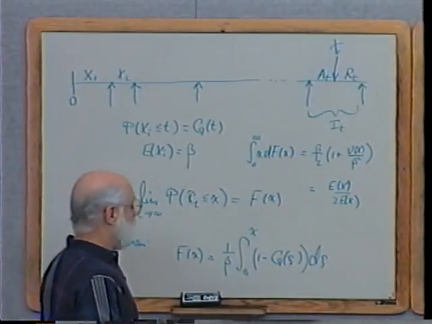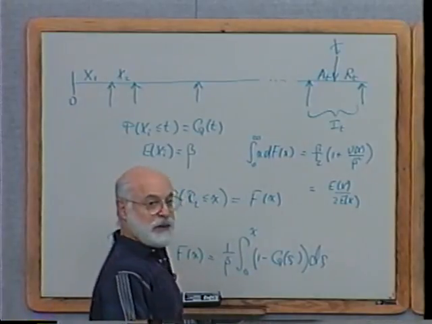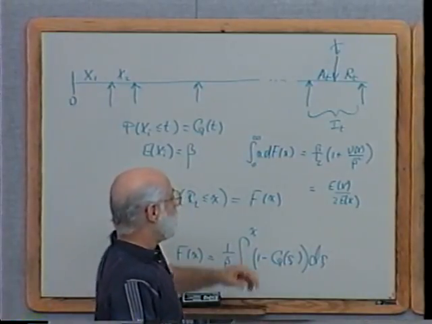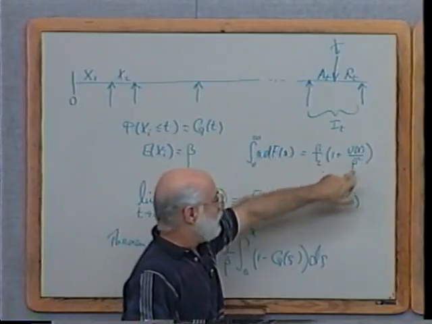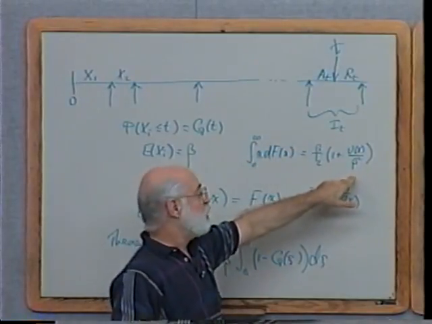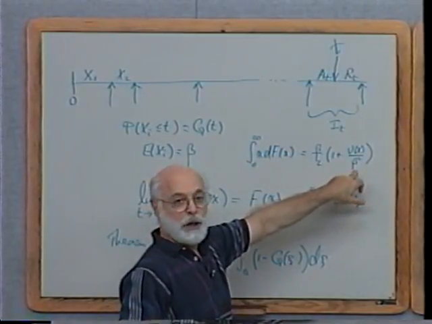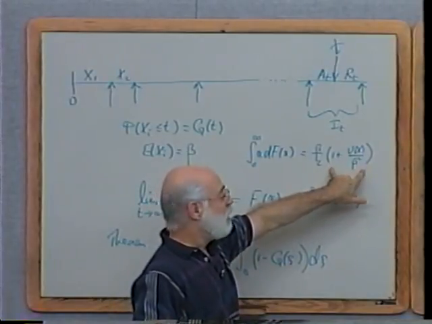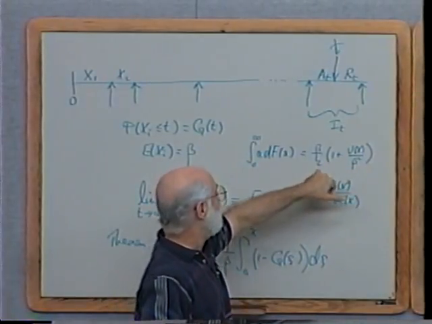Now, in the particular case in which x is exponentially distributed, then it's easy to show that the variance is equal to the mean square. That's always true for an exponential, so that this ratio becomes 1. The multiplying factor becomes 2. That cancels with that 2.